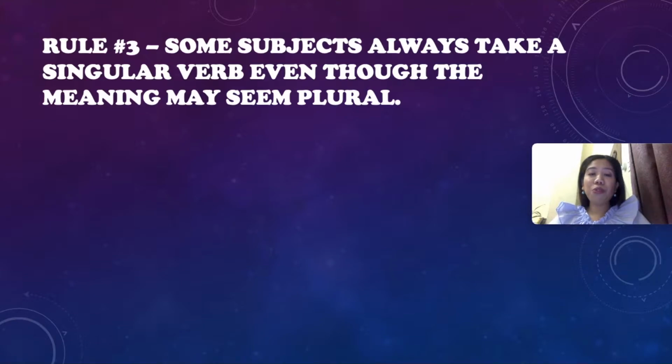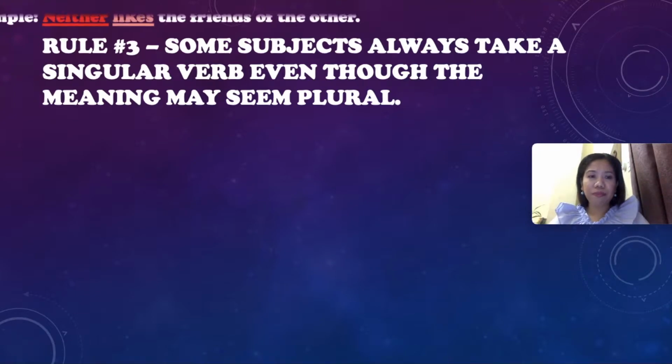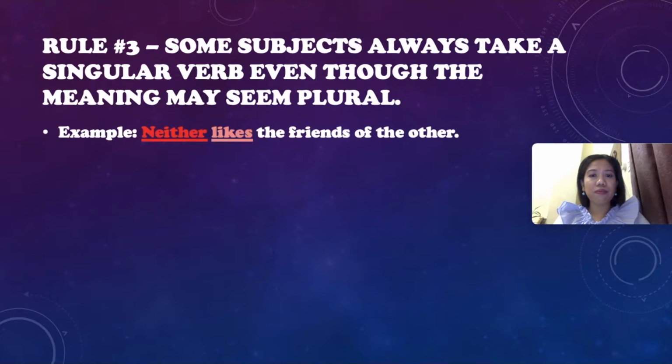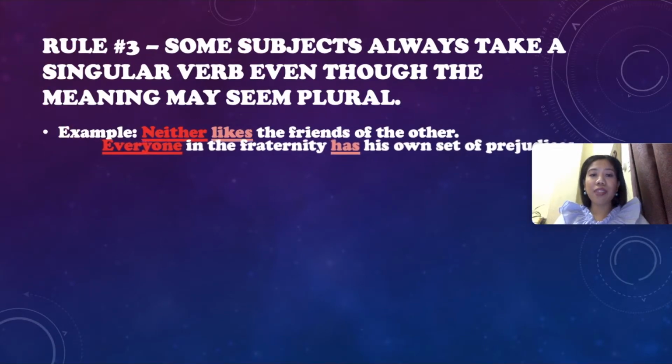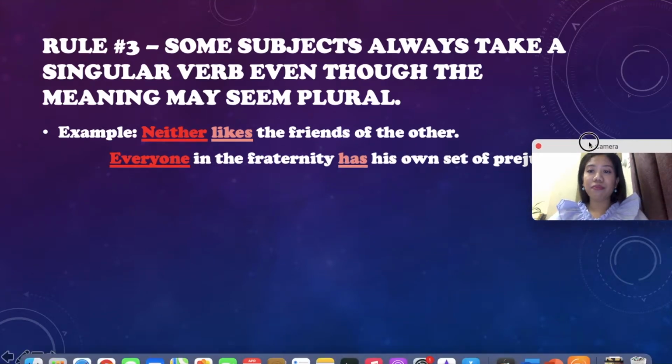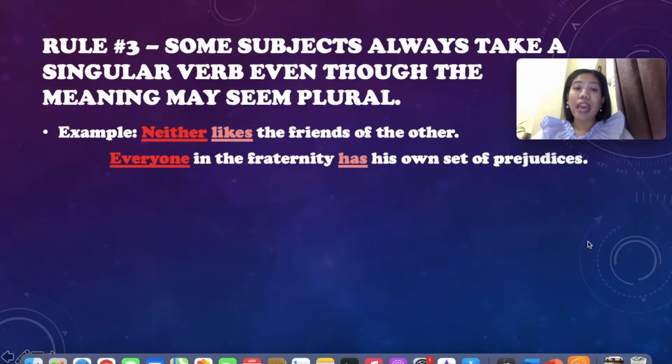So rule number 3. Some subjects always take a singular verb even though the meaning may seem plural. For example, neither likes the friends of the other. Another example, everyone in the fraternity has his own set of prejudices.